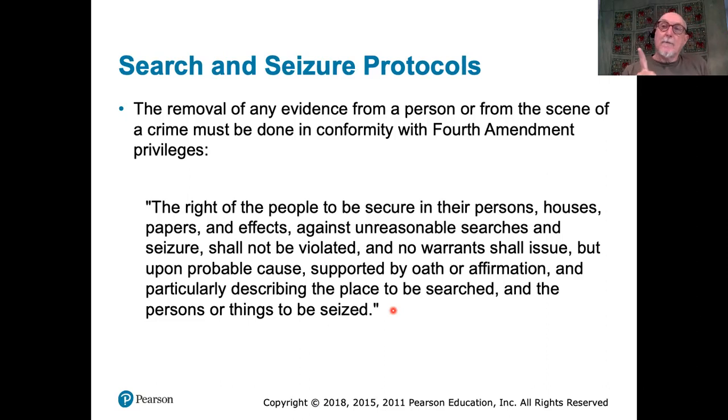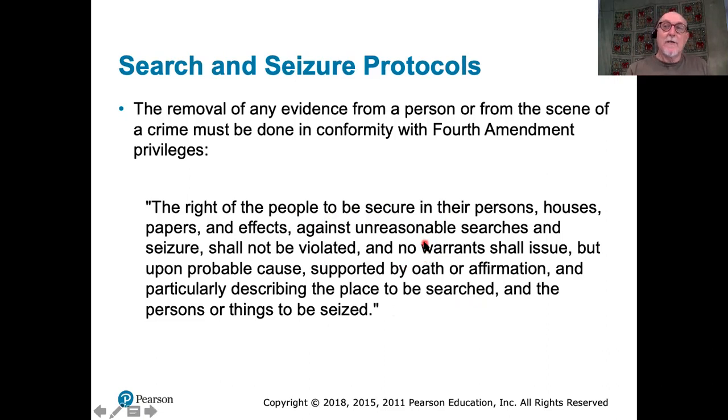In order to enter that person's premises and collect items from their home, the investigating officers have to go to a court of law. They have to go to a judge, and they have to submit a warrant for entry. And in applying for that warrant, they need to satisfy all of the precepts of the Fourth Amendment.